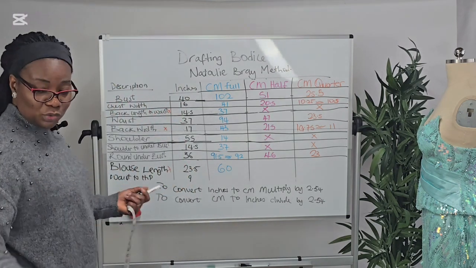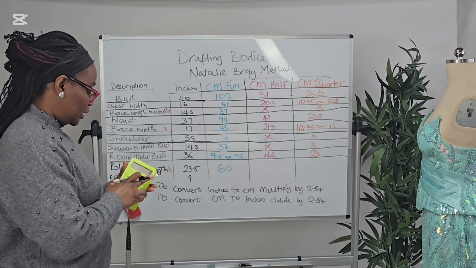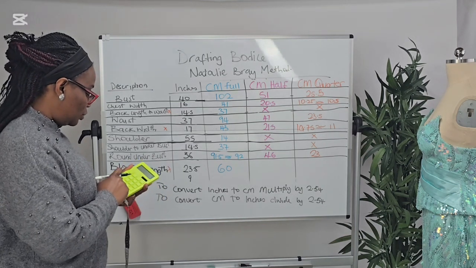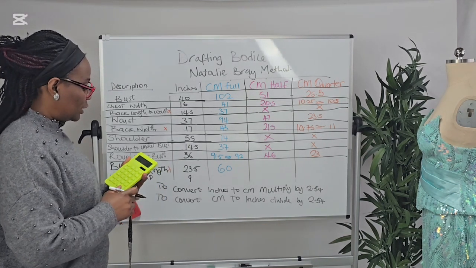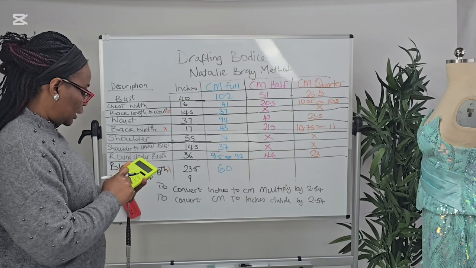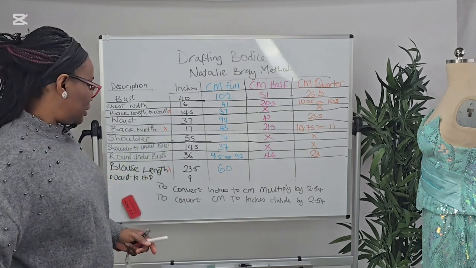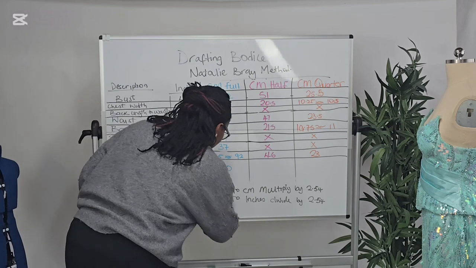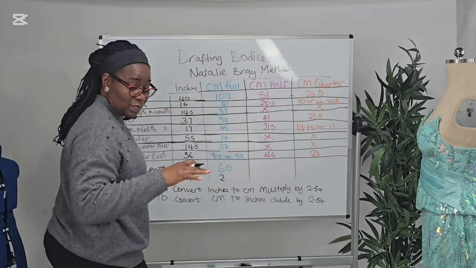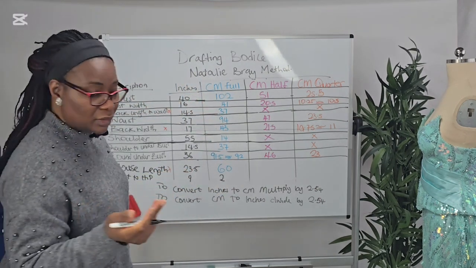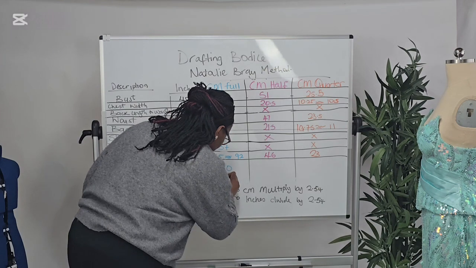And 9 inches times 2.54 will give us what it is in centimeters. 9 times 2.54. That's 23 centimeters. Okay, so we have 23. That's because it's approximately 22.86. So this is 23 centimeters.